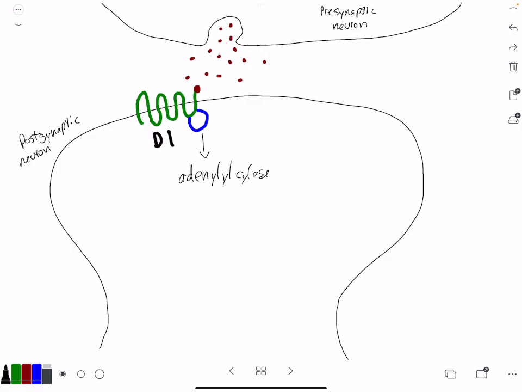So adenylyl cyclase, what this does is it breaks up ATP into two different parts.